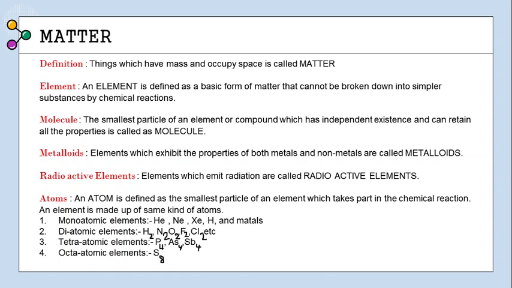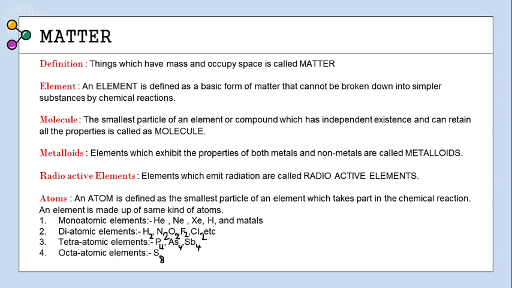The element which exhibits the properties of both metals and non-metals is called a metalloid. For example, we have the metalloids germanium, arsenic, selenium, antimony, etc.